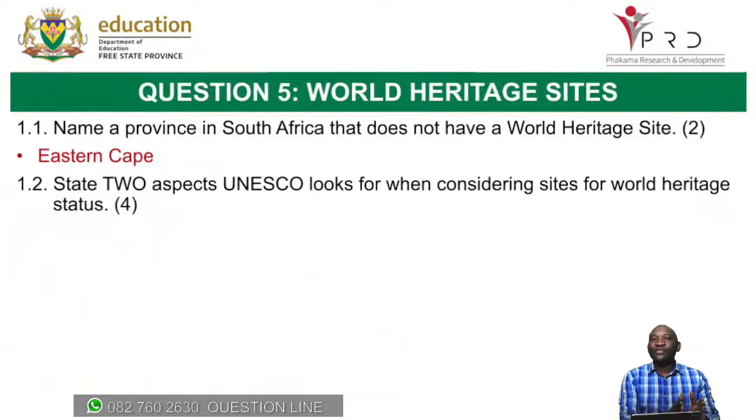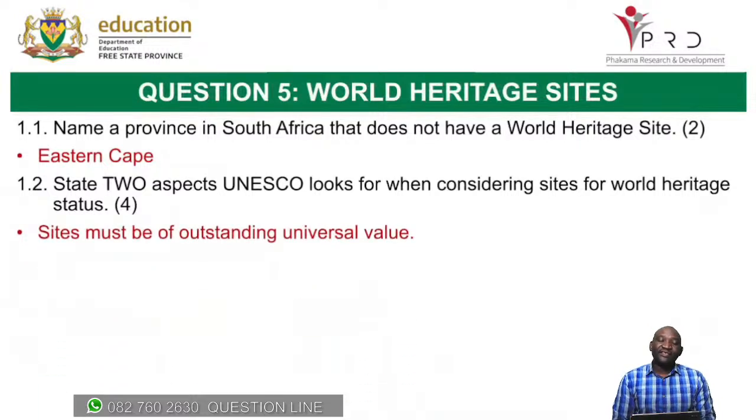Criterion 1 up until criterion 6 talk to cultural heritage: what places must possess so that they can be given a cultural World Heritage status. And criteria 7 to 10 focus on the natural heritage part: what criteria places must possess to be given a natural World Heritage status. So now, state 2 aspects UNESCO looks for when considering sites for World Heritage status.